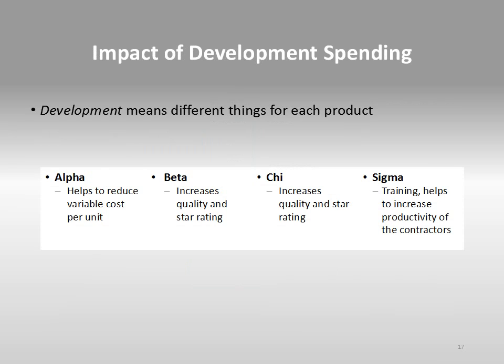When you spend money on beta and chi, it increases the quality of the product, and the way in which you'll know that this is happening is because you'll see an increase in the star rating. There are 5 levels of star, 1 through 5, and the more you spend money on development, the higher the star rating. Everyone starts off with 3 stars for both beta and chi.